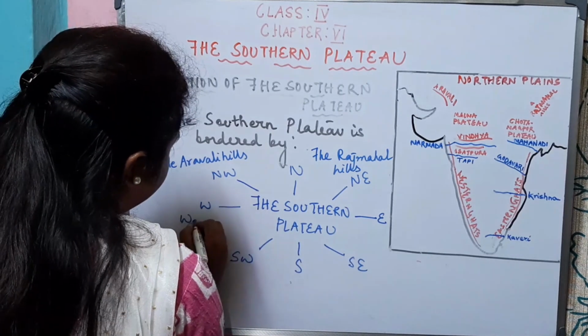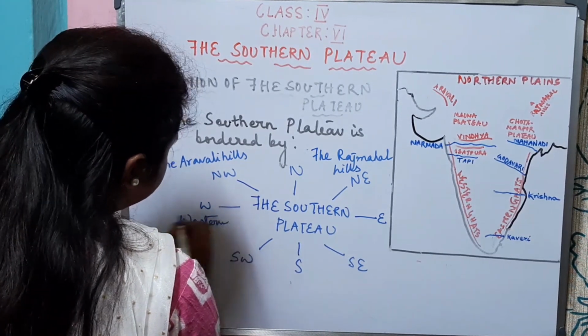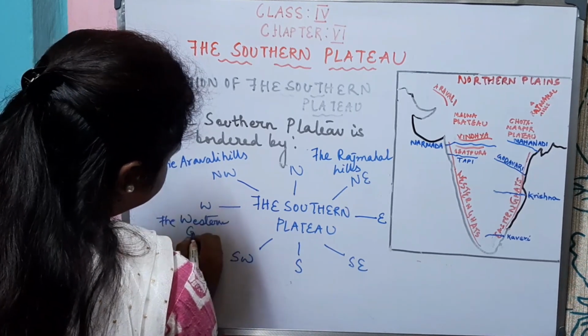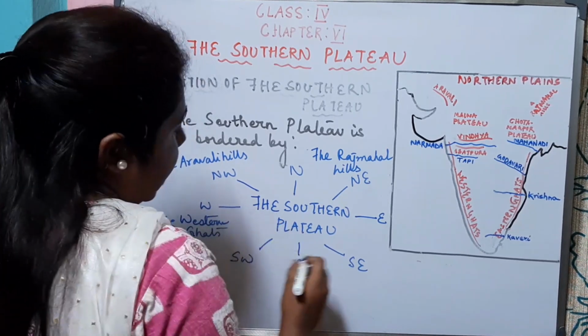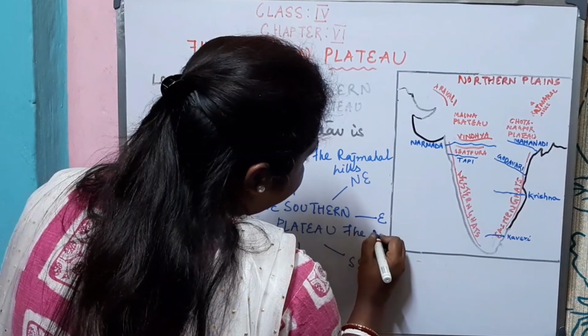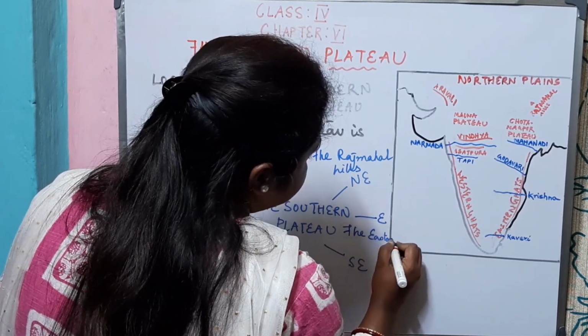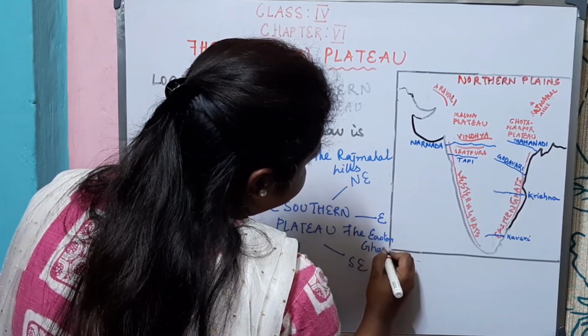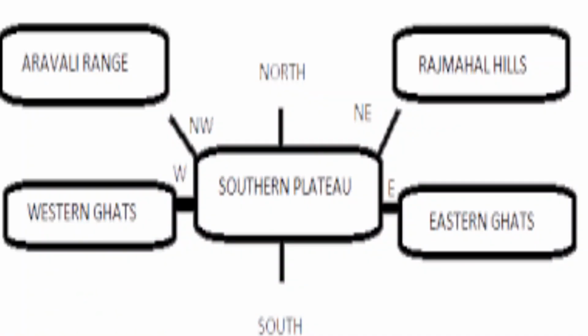On the west we have the Western Ghats, and on the east we have the Eastern Ghats. So now it is quite easier to remember that the Southern Plateau is bordered by the Aravali Hills on the northwest, the Rajmahal Hills on the northeast, the Western Ghats on the west and the Eastern Ghats on the east.